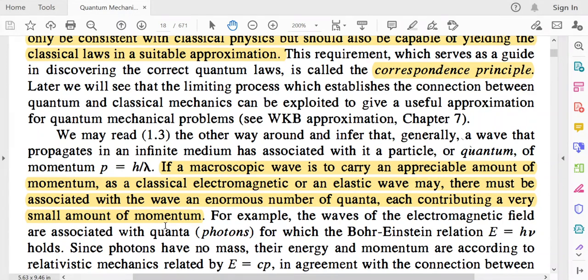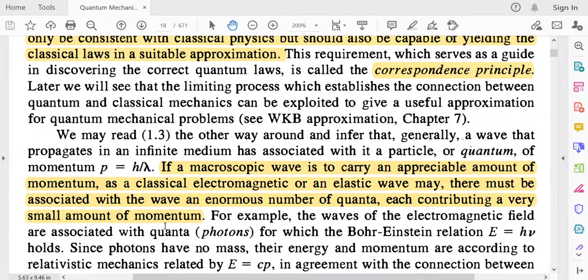So what is the meaning of the sentence? If we consider a macroscopic wave, it will carry some momentum. But how will the momentum be constructed?